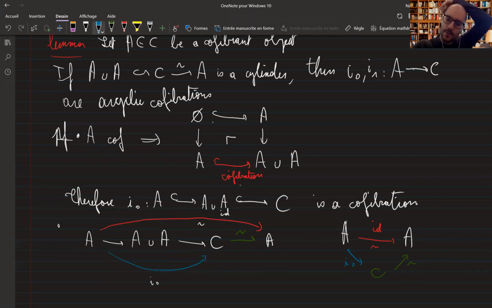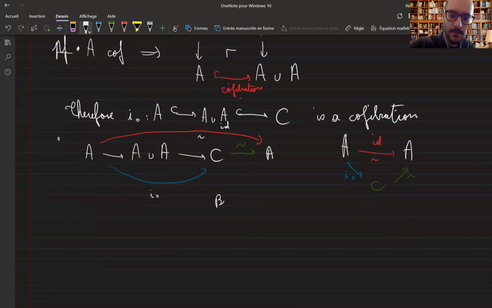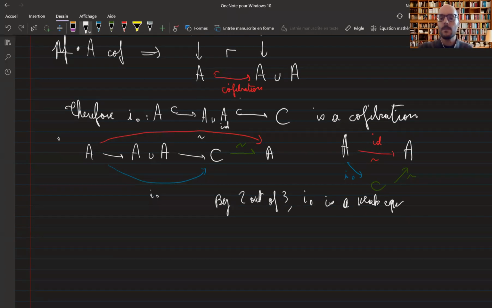And so by 2 out of 3, I0 is a weak equivalence. Okay, you have two sides of the triangle which are weak equivalences. Therefore, the third side is a weak equivalence. Okay, and this is true whether A is cofibrant or not. It's true in general.